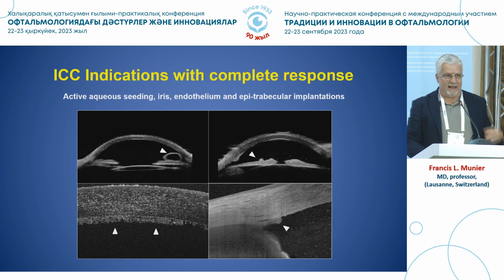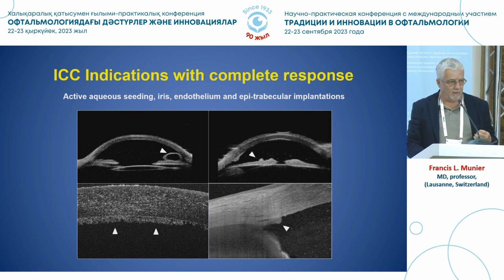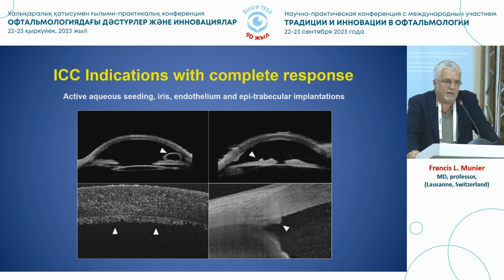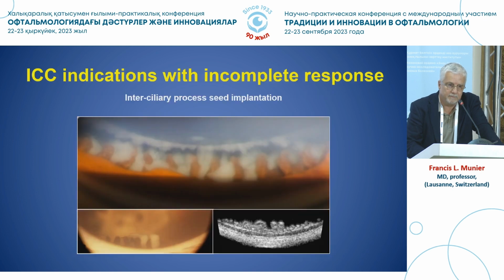So we have excellent response with the intracameral chemotherapy for aqueous seeding, iris and endothelium, as well as epitrabecular implantation. We have also excellent response when the seeding is invading the Hanover canal or the Petit's canal.